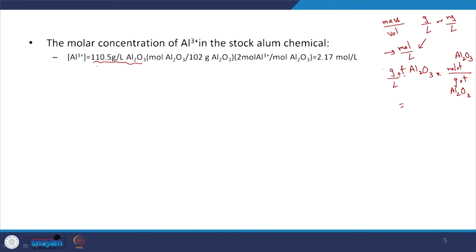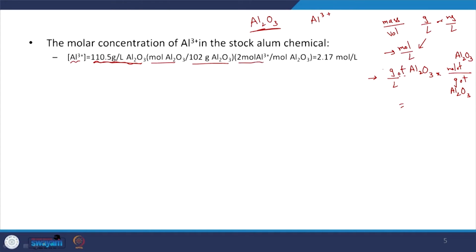Here we first use the mass units of Al2O3 which we have, and then we convert that into the molar units. That is what we did right here. Then I am concerned with the Al3+ molar concentration, not the Al2O3 molar concentration. So, looking at Al2O3 and Al3+, I can see that there are 2 moles of aluminum per 1 mole of Al2O3.